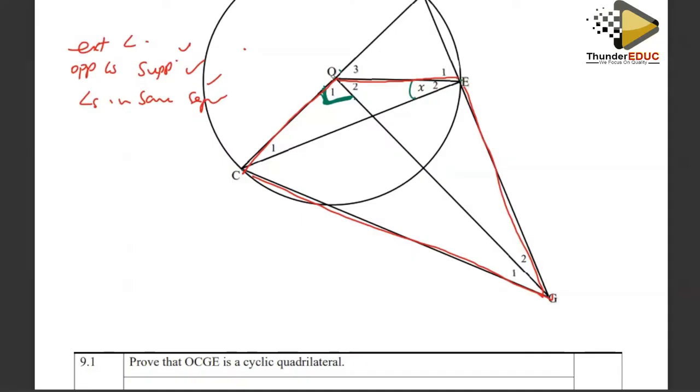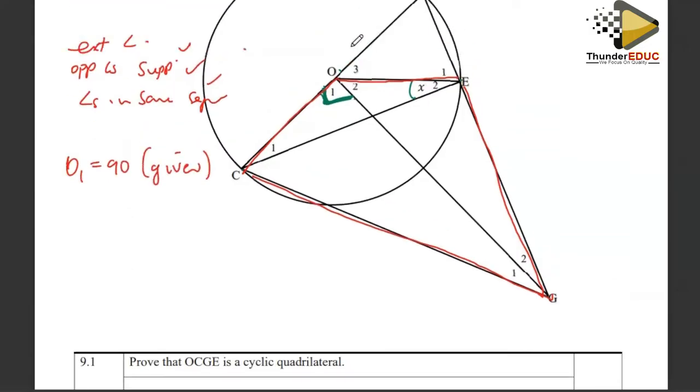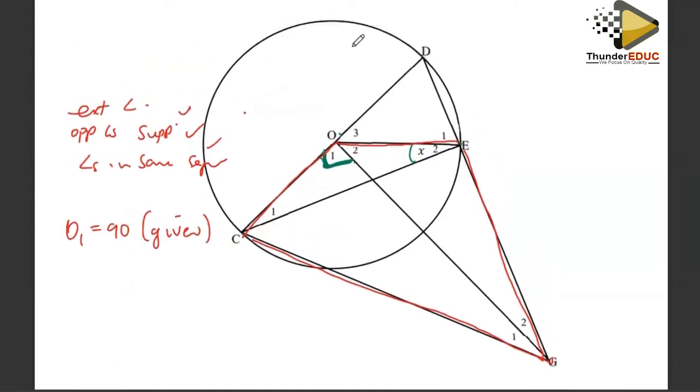So number 1, what I can notice is that O1 is a 90, we were told. Okay, O1 is a 90, that is given to us. If O1 is a 90, we know that DEC is also a 90, angle in a semicircle.